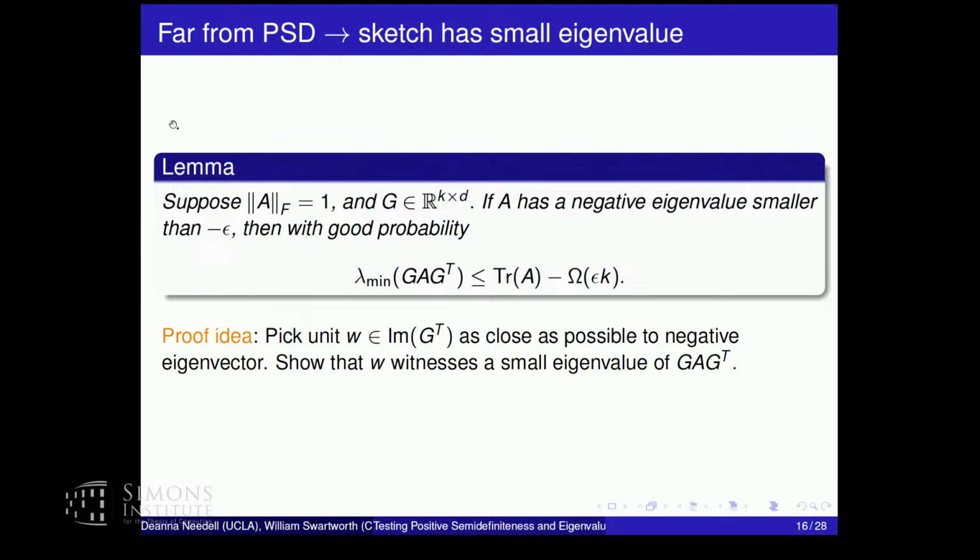Let me not say much about the proof, but the idea is just to choose the vector in the image of G closest to the negative eigenvector, and you can show you gain this little bit amount. I'm not going to say more.